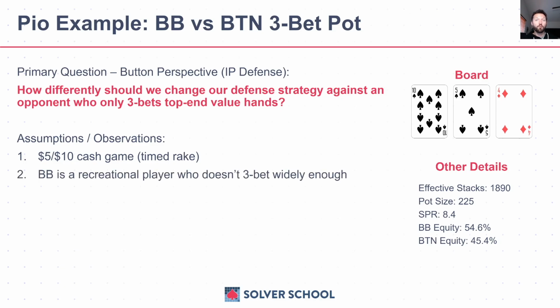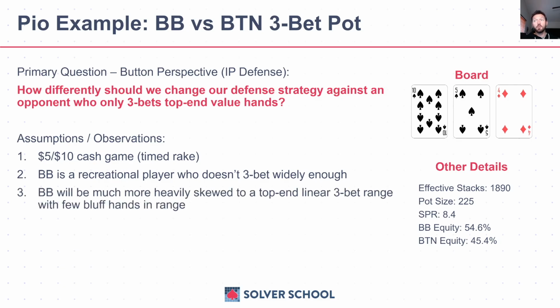Our big blind who 3-bet in this spot is now a recreational player who does not 3-bet widely enough. It is important to note that our big blind is not going to be 3-betting as often, and in addition, the big blind is also going to be skewed much more heavily to a top-end linear 3-bet range with fewer bluffs in his or her range when they're actually 3-betting. So again, something that we will want to account for when we're entering data into our solver to be able to determine how we should be building a strategy against that particular opponent.